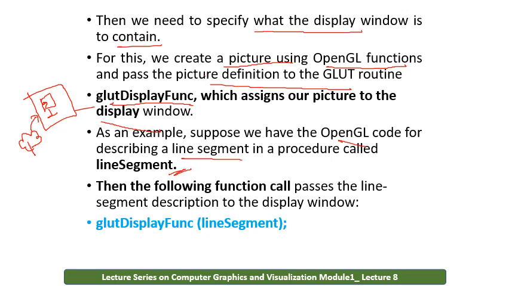The following function call passes the line segment description to that display window: glutDisplayFunc(lineSegment). This lineSegment is a function name, or a function routine, which should be defined with the drawing of a line with two coordinates and so on. So this should be the argument for glutDisplayFunc.